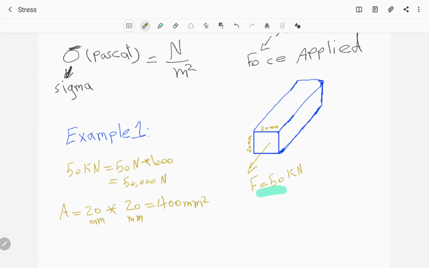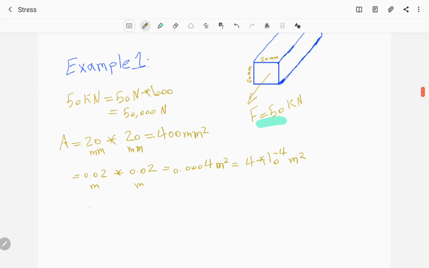Now to change it, we basically write it in this form. 20 millimeter is 0.02 meter times 0.02 meter, which will equal 4 times 10 to the power minus 4 meter squared.